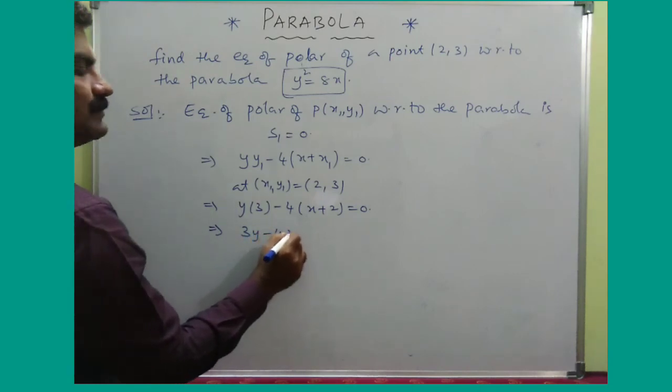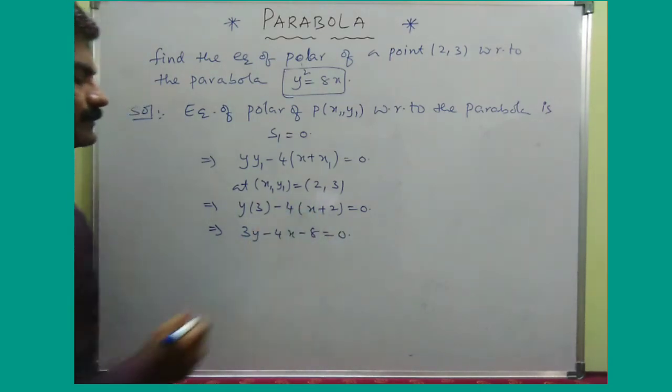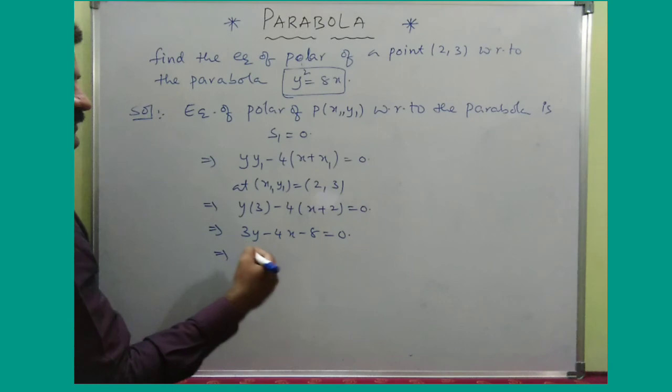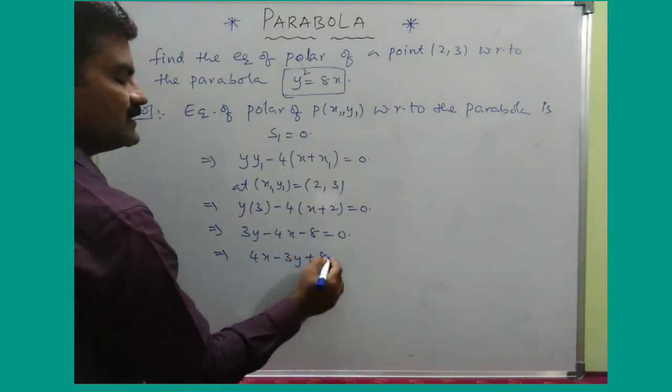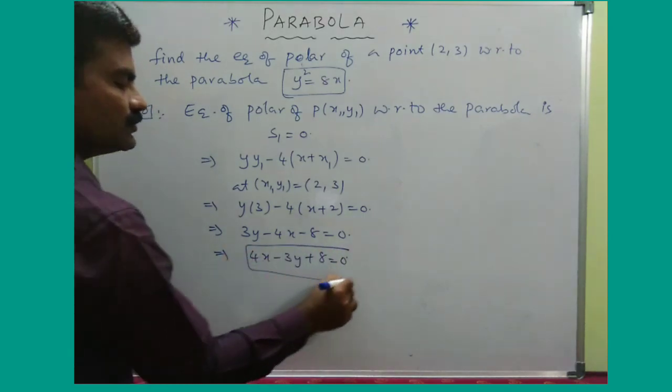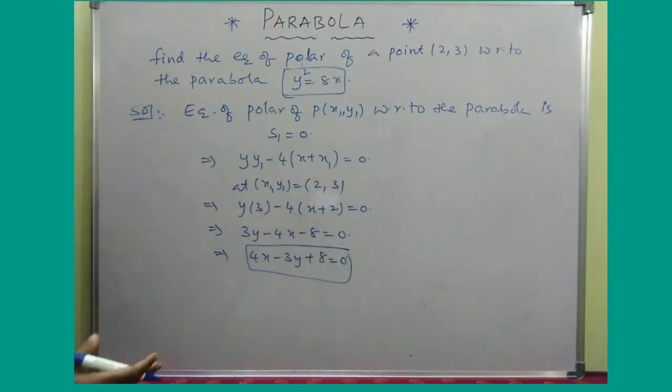Now multiply with minus again, and so 4x minus 3y plus 8 is equal to 0. I told you, polar is nothing but a line. So what is the general form of a straight line? ax plus by plus c is equal to 0.